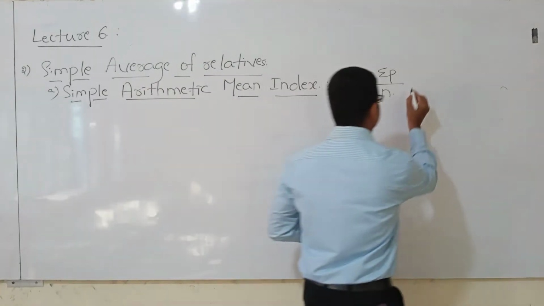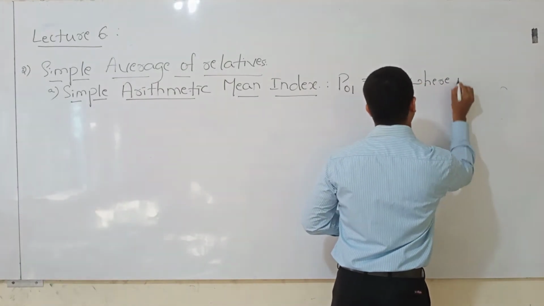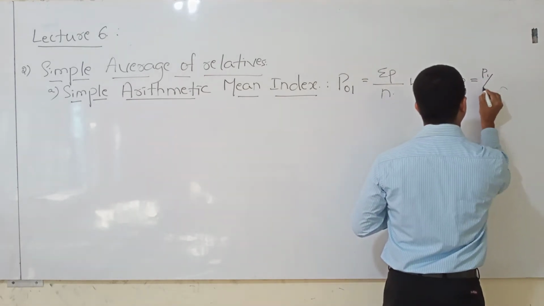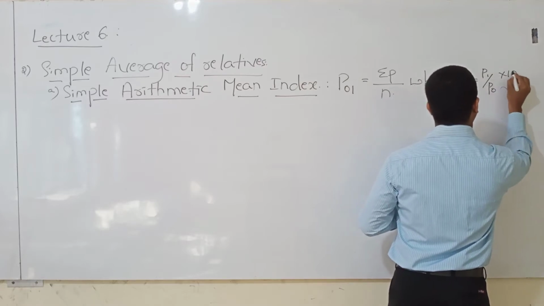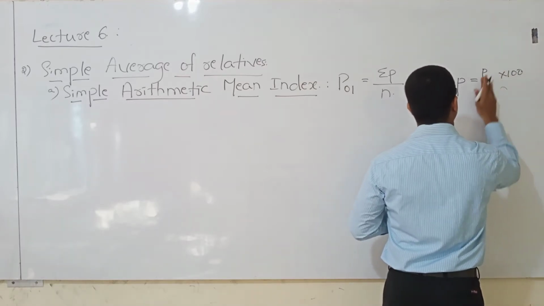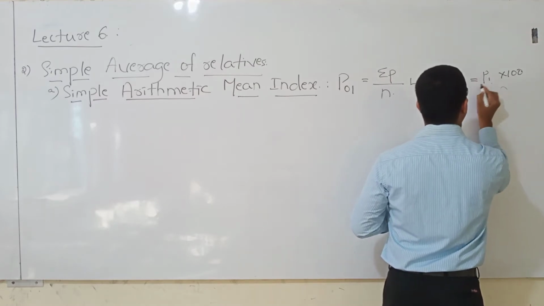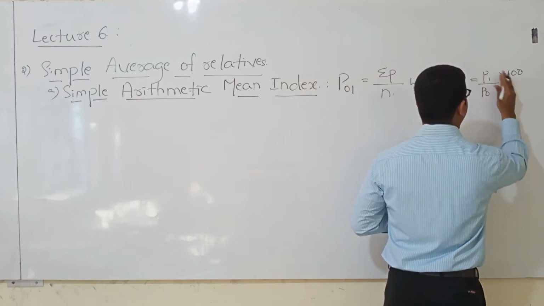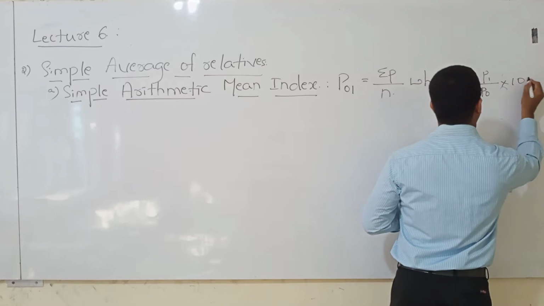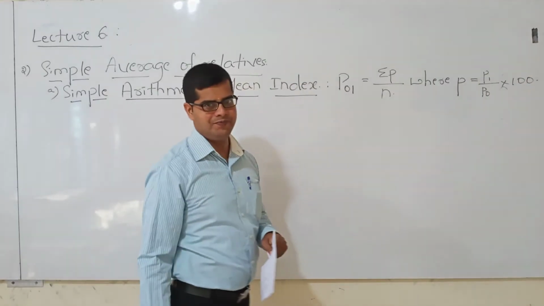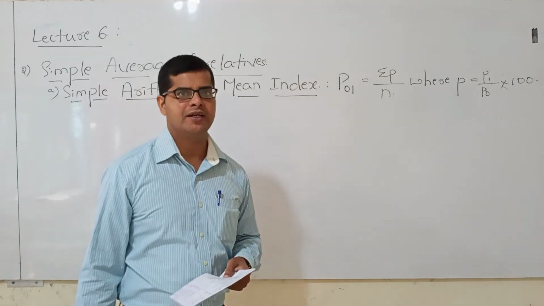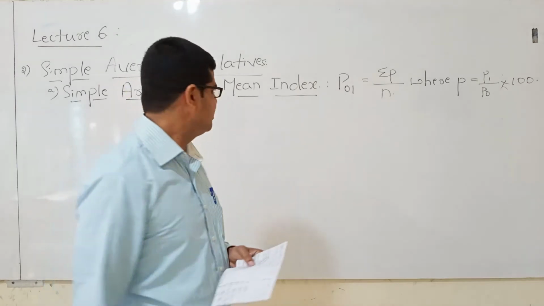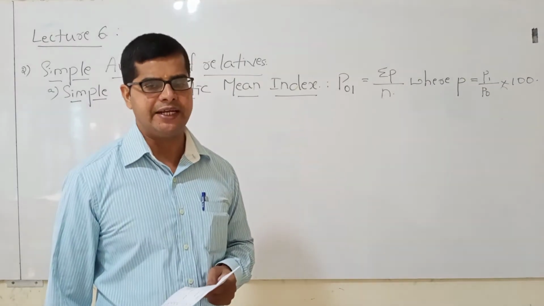Where P is nothing but P1 divided by P0 into 100. Because we know P1 is current year prices, P0 is base year price. So this is in the case of the simple arithmetic mean index.